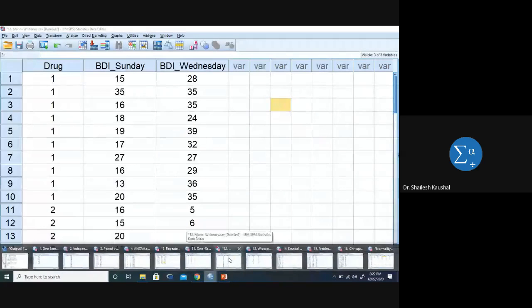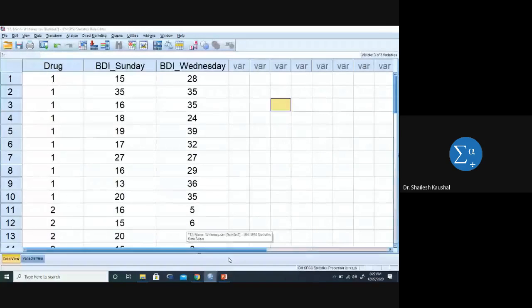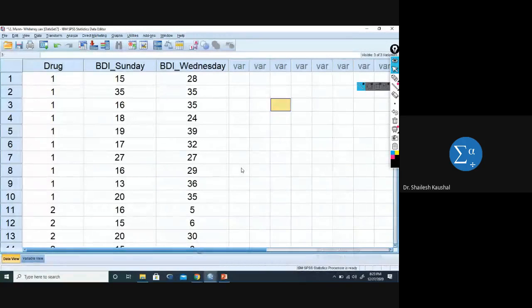If you use a non-parametric test, you should report that your data is not normal, and that is why you are using it.